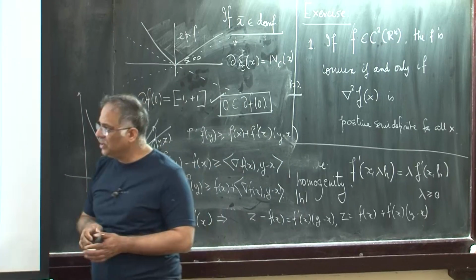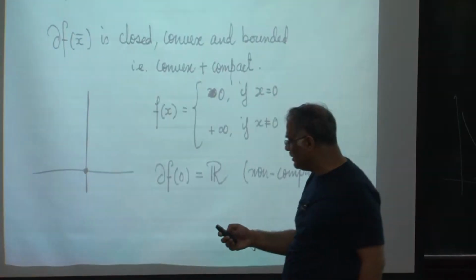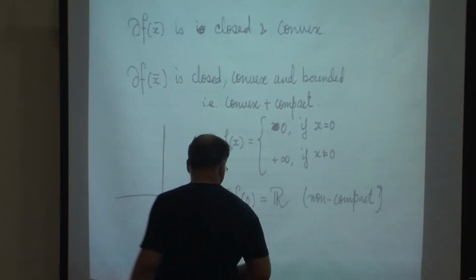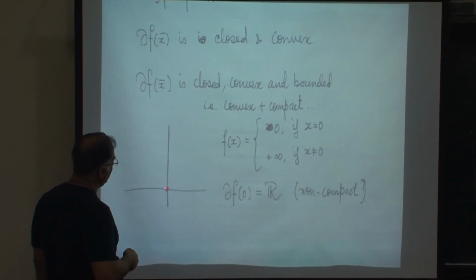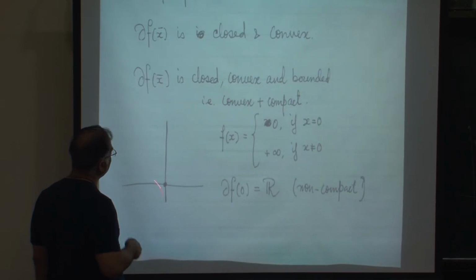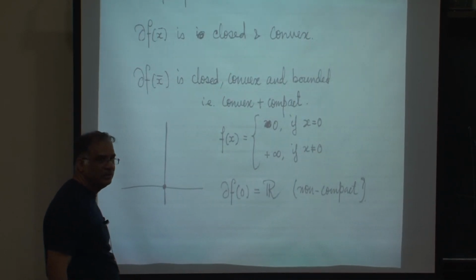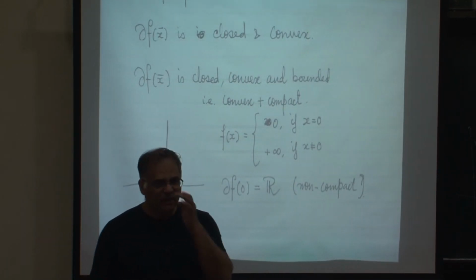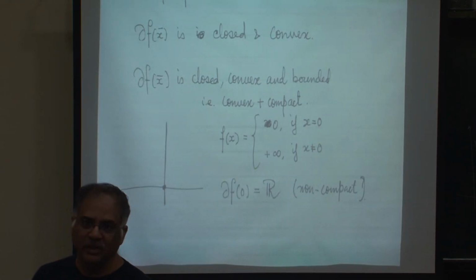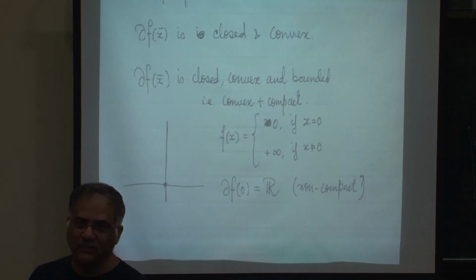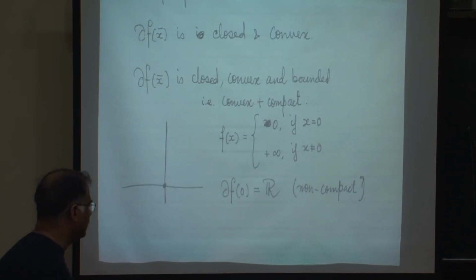If you draw the normal cone, you will realize that this is nothing but the whole of R. Here dom f is just this point. A singleton set does not have an interior, but it has a relative interior, since its affine hull is itself.